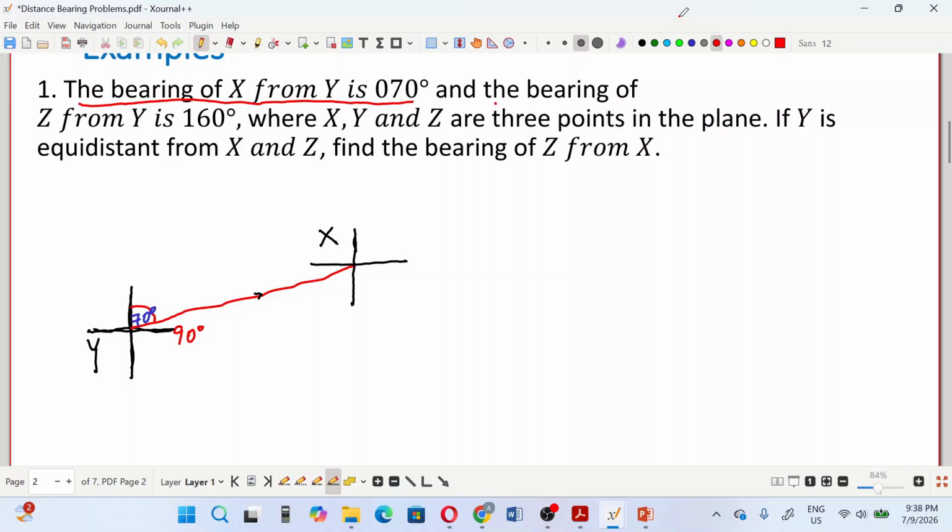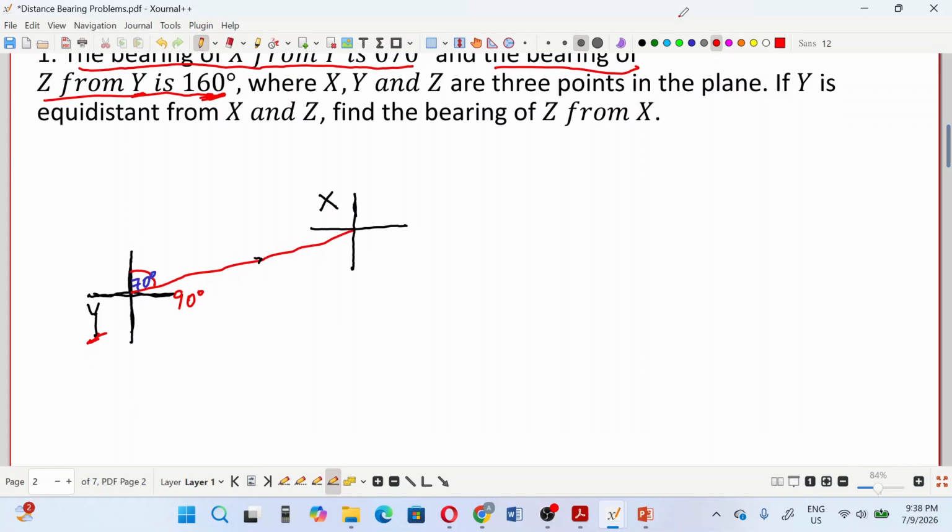It says the bearing of z from y. Z from the same y. This is our y, and it's saying z from y is 160 degrees. So I'm going to go back to the same y, and I'm looking for 160 degrees, right?